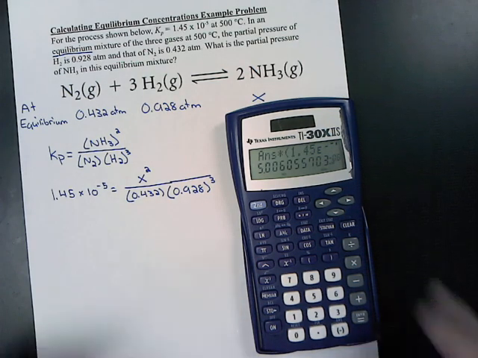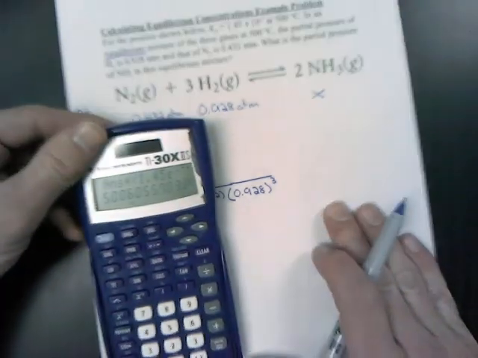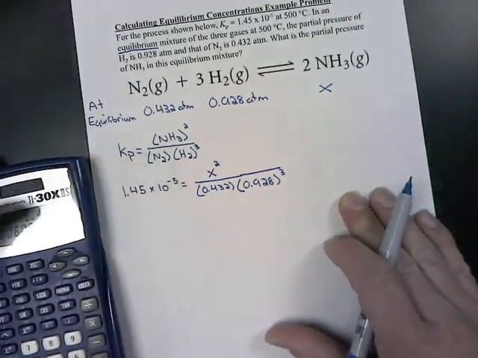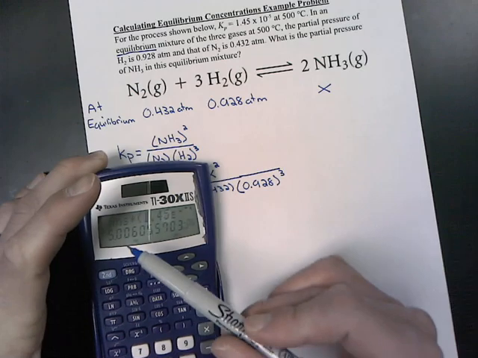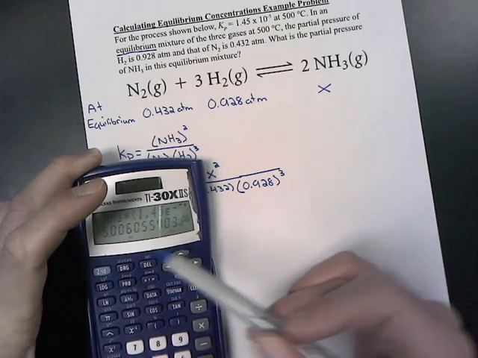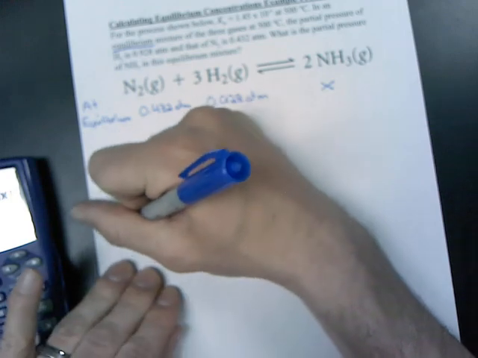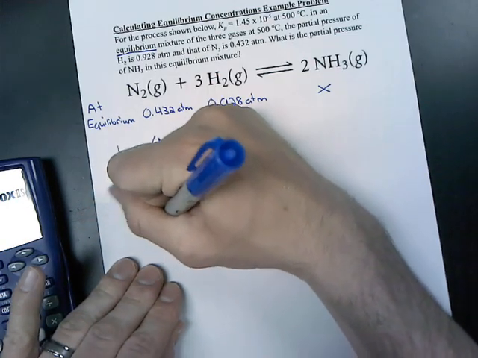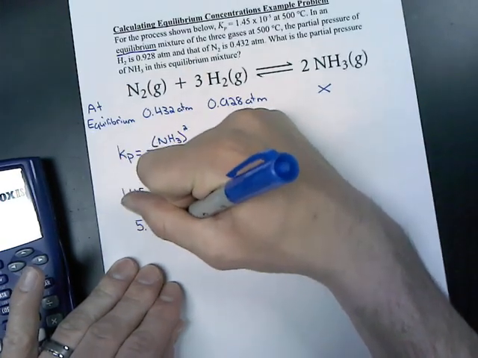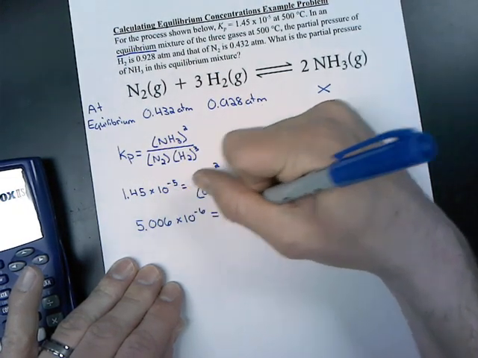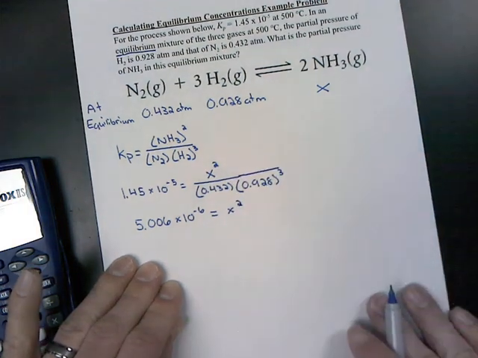I get a value of, with some intermediate rounding, 5.006 times 10 to the negative 6. This is now equal to x squared.